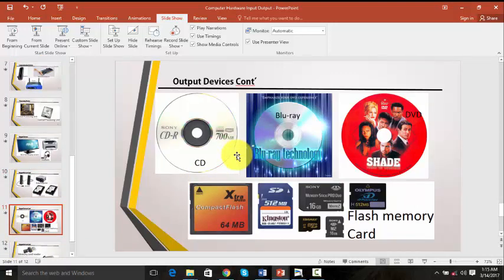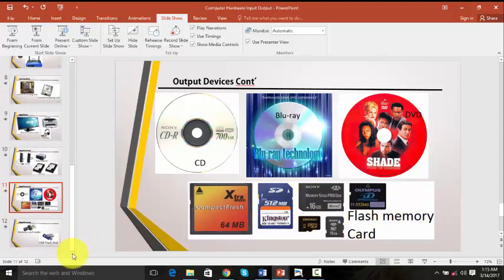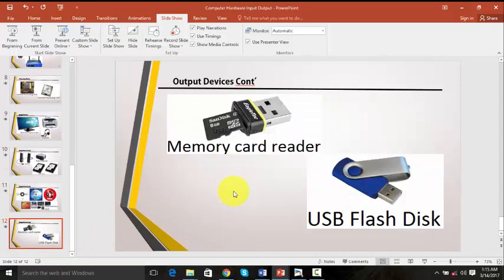We have three types of discs: the CD, the Blu-ray, and the DVD. Then we have also memory card or flash memory card discs, which are also part of hardware. And then maybe finally on hardware types, we look at the memory card reader, and also the USB flash disk.